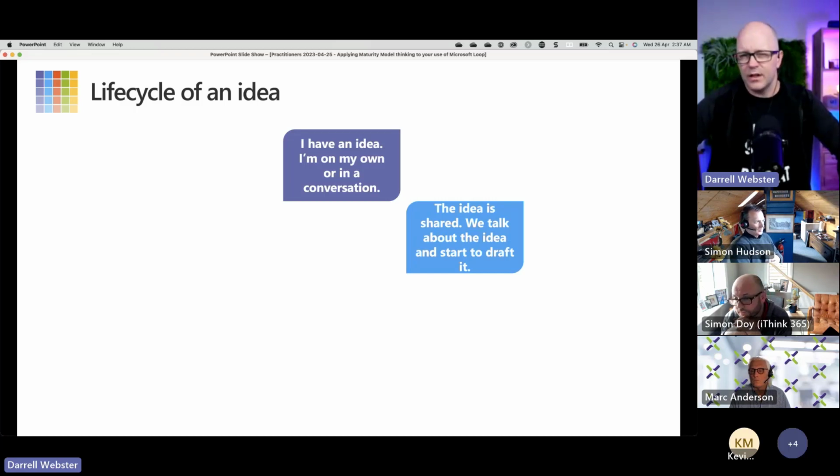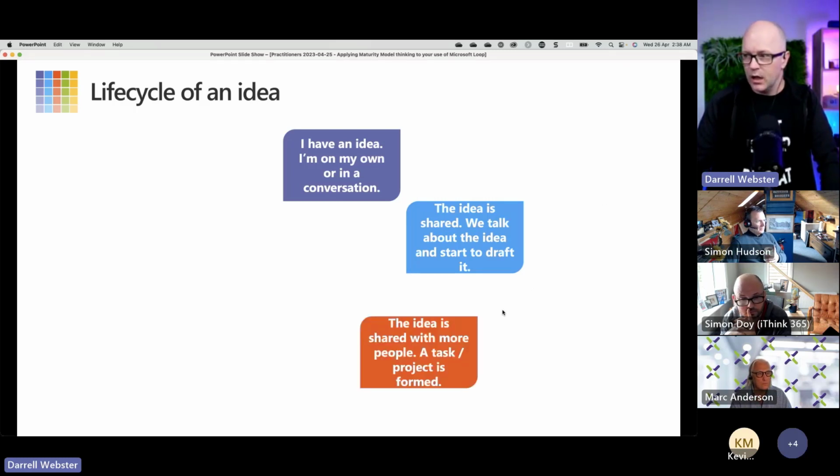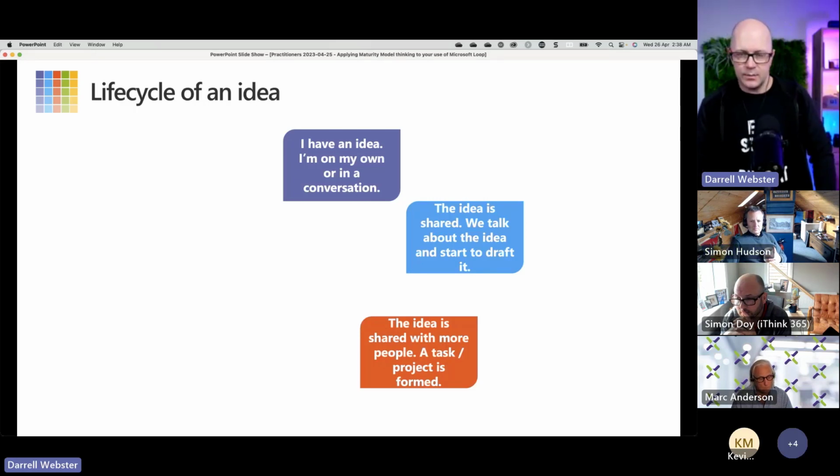And I have a real interest in using spatial type tools as well for this. I like whiteboards. I like Miro. I like things where I can drag stuff around, and I've done that with OneNote in the past too. So the idea grows. We share it, we draft it. We start to share that idea with more people because it's no longer in the secret squirrel garage area, but maybe we do need to loop in some other expertise, some other subject matter experts.